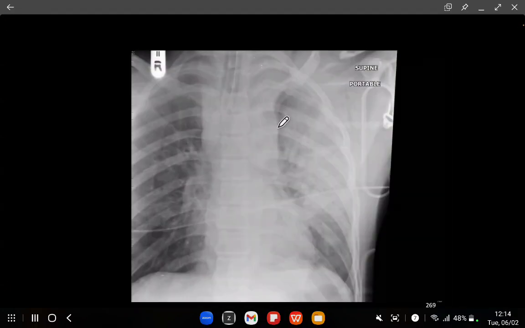Okay, this is a young guy who unfortunately died before he could get into the CT scanner, but he's got an ET tube in situ. It's a supine film. He's got widening of the mediastinum, and the mediastinum can't get any wider because it's a certain space.